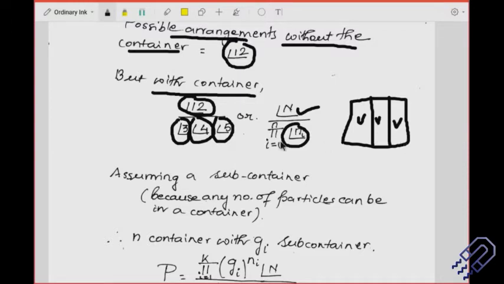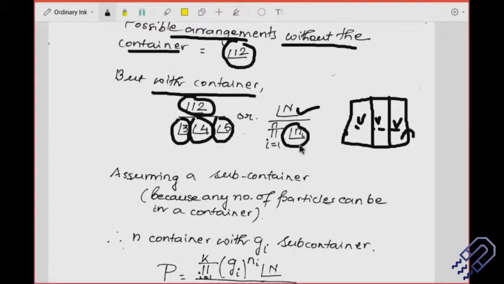You can have n number of divisions, starting from 1 and going up to n. That's why I've written i equal to 1 to n, and this will be factorial n_i. So n1 would be the first container, n2 the second container. How many are there in the first container would be factorial of that value.